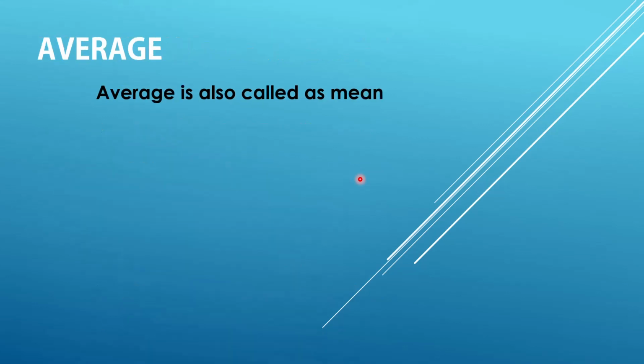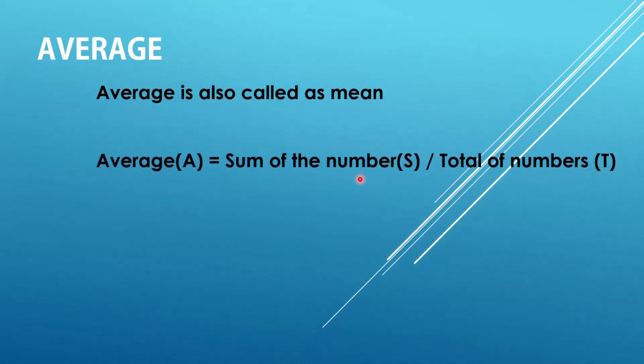So let's get started with average. So what is average? Average is nothing but a mean. In the average is also called mean. So what is the rule for average? Let's say we have five numbers and there we need to find the average.